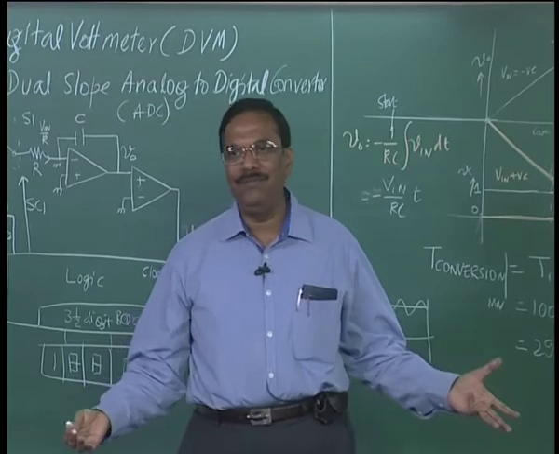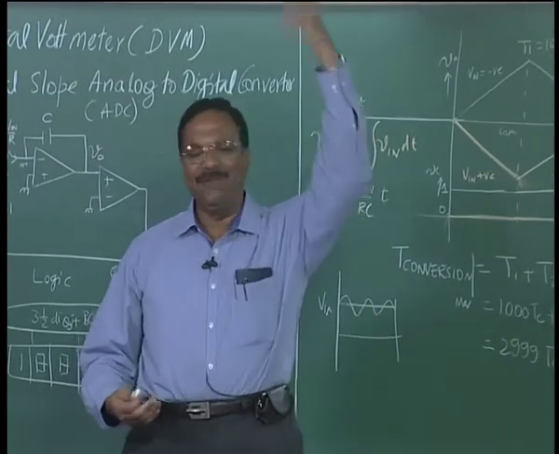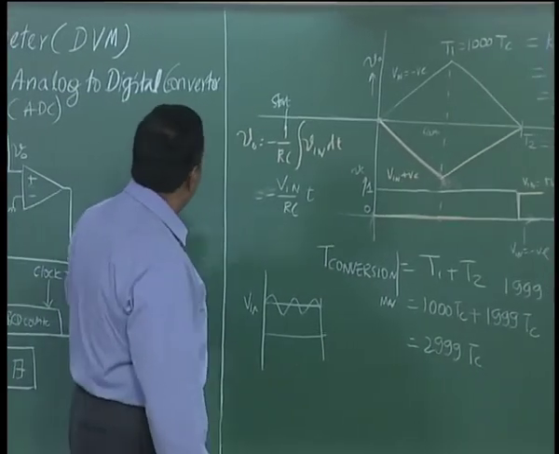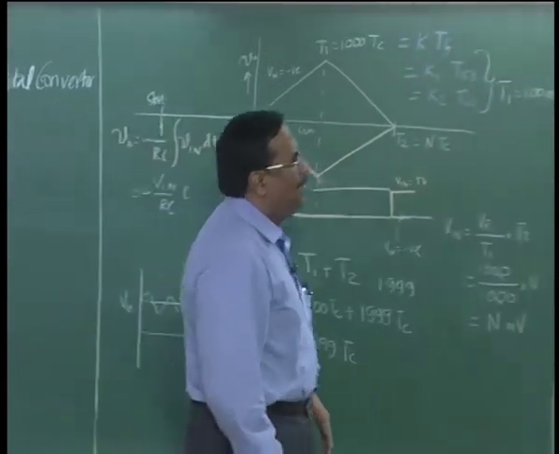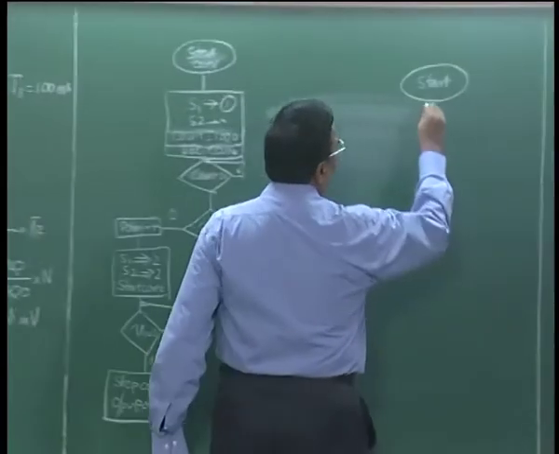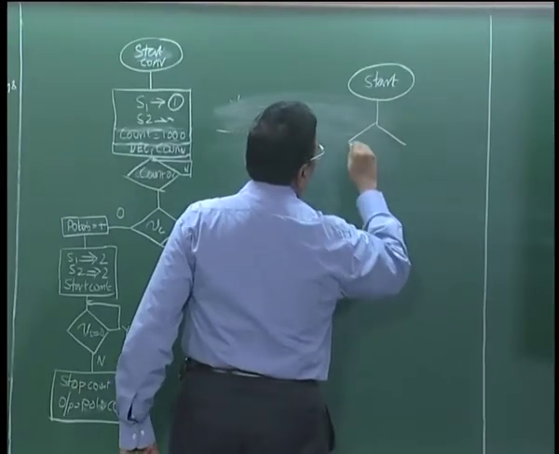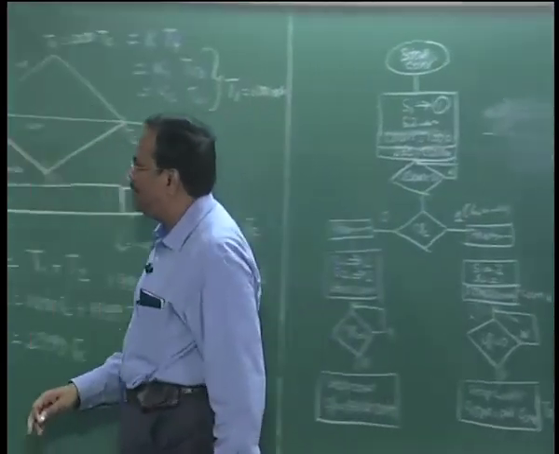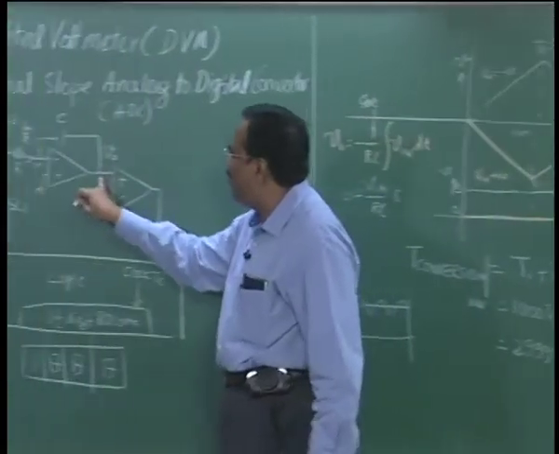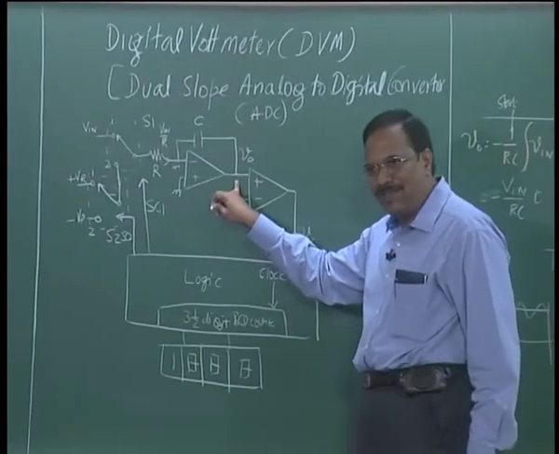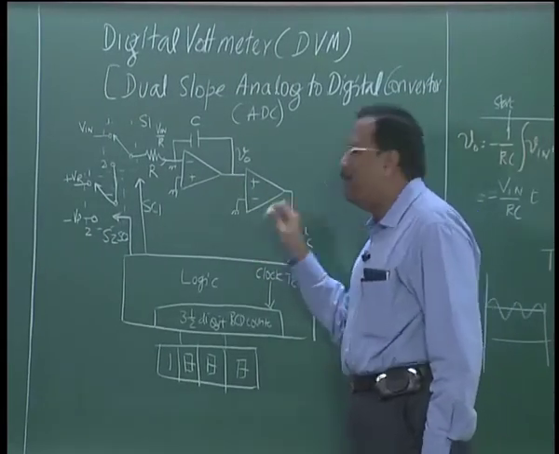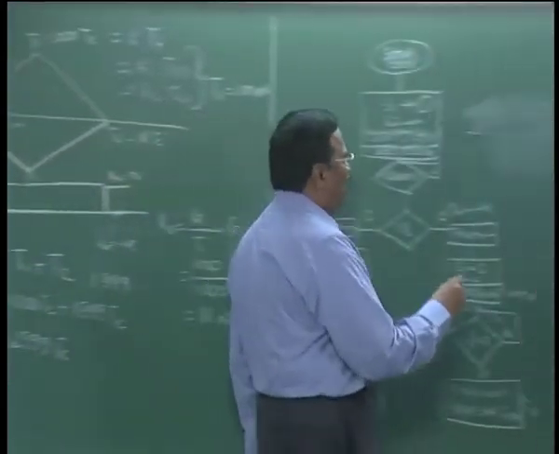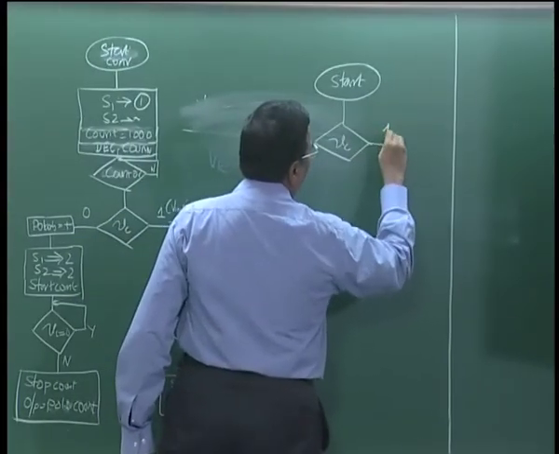I do not care what the value is. My comparator output will determine whether the capacitor voltage is positive. If the capacitor voltage, or the integrator output, is positive, then my comparator will be 1.